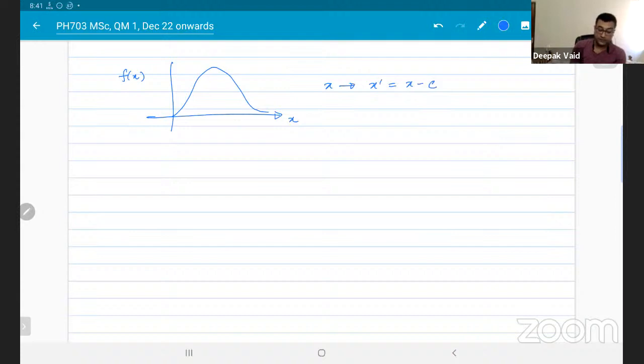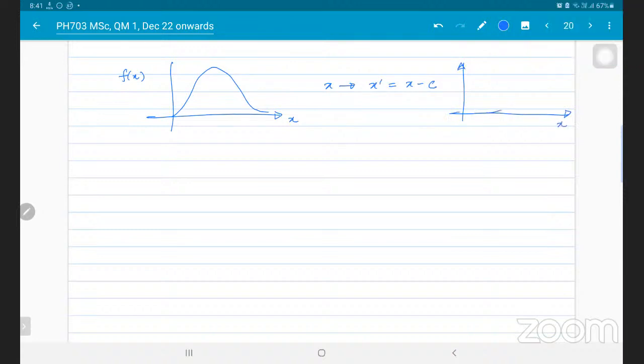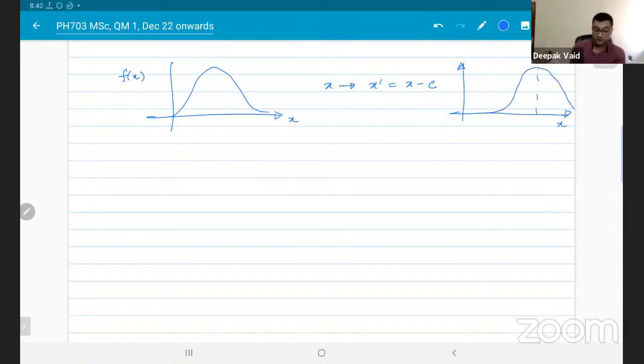What will happen to my function? Just shifted, my function will be shifted now. By what amount? By an amount c. Right? So f of x prime will be equal to what? f of x minus c, right? Okay?